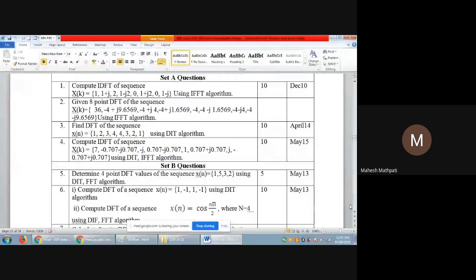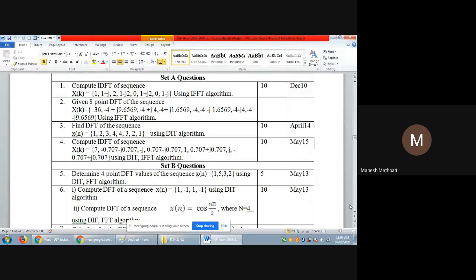Given 8-point DFT of the sequence X of k is equal to 36, minus 4 plus j 9.6569, minus 4 plus j 4, minus 4 plus j 1.6569, minus 4, minus 4 minus j 1.6569, minus 4 minus j 4, minus 4 minus j 9.6569, using IFFT algorithm.